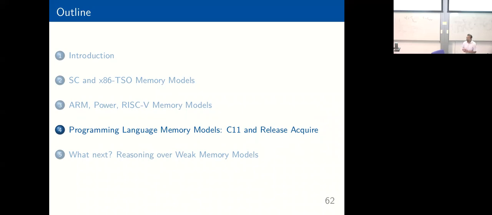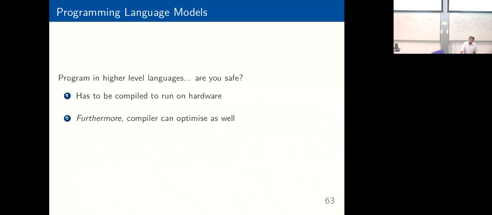Anyway, programming language models. You might say to me, well, I know you like programming in assembly, but just because you do, I program in high-level languages. So the question is, are you safe from all these weak memory model things if you were to program in high-level languages?